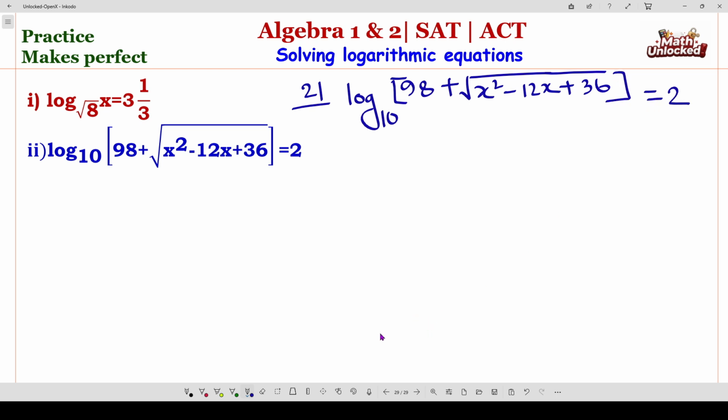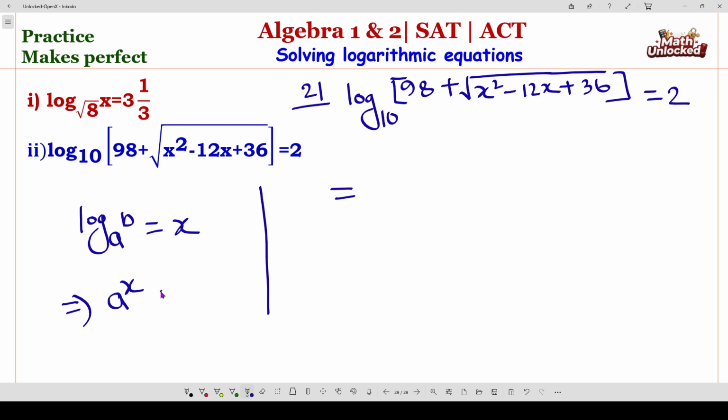We have to find the value of x. So we know the law: log base a of b equals x, the base will be the same, it means a to the power x equals b.